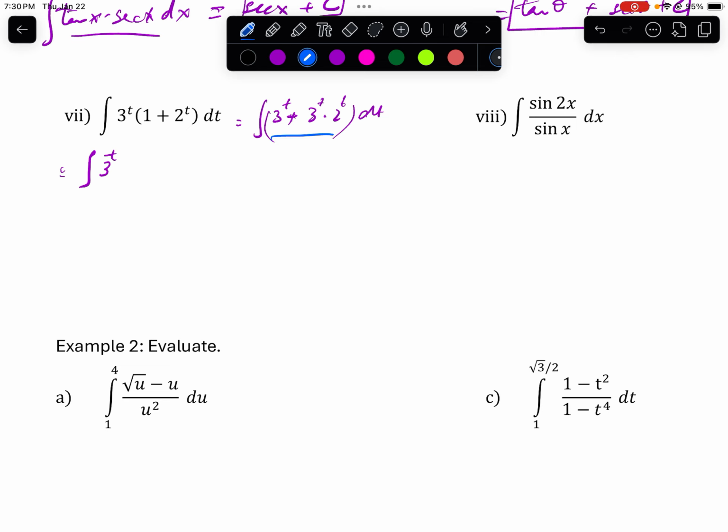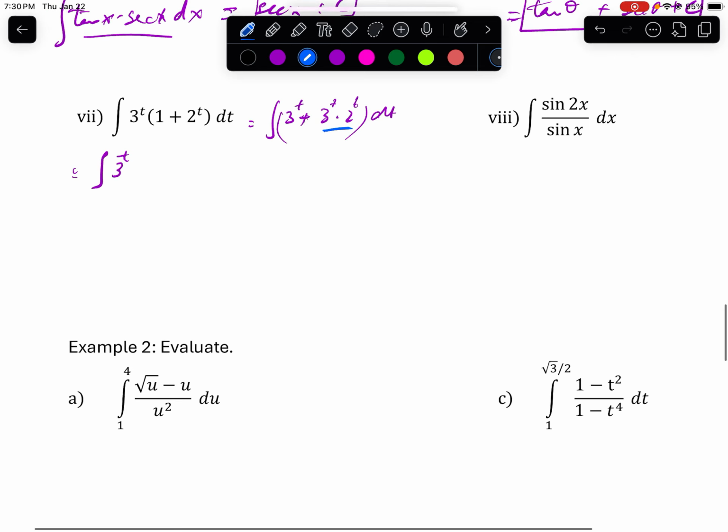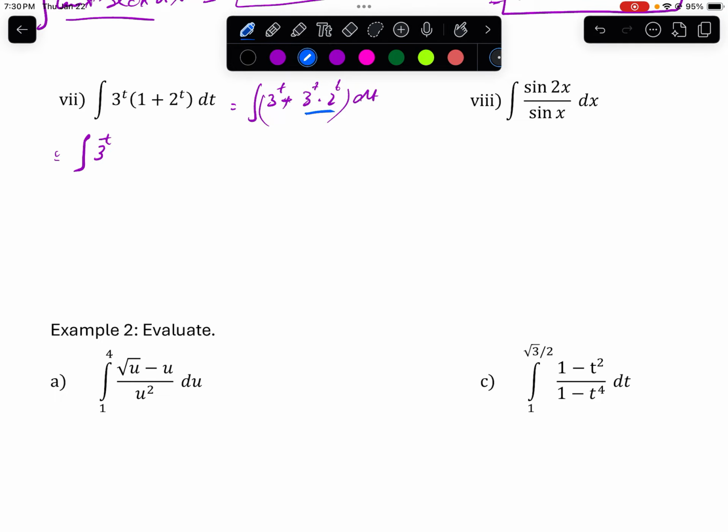If you recall, one of the properties of exponents is that if you have the same power and the bases are different and their terms are being multiplied, then the bases get multiplied. So we will get plus 6 raised to the power t, and then dt.